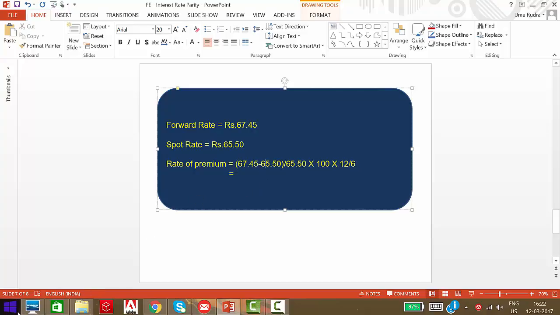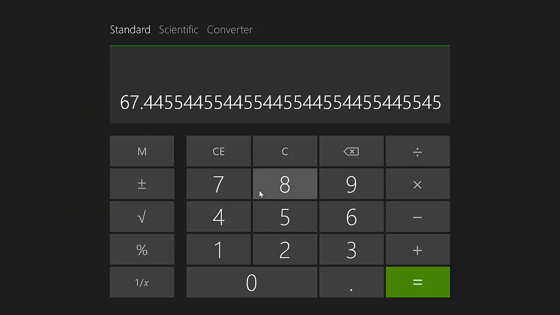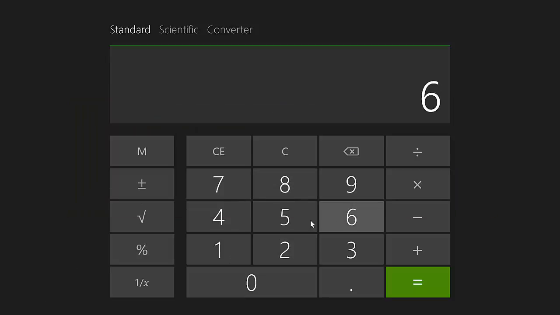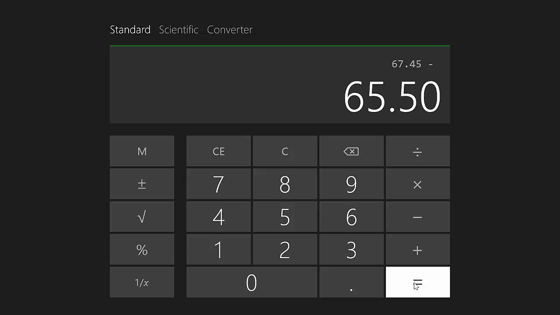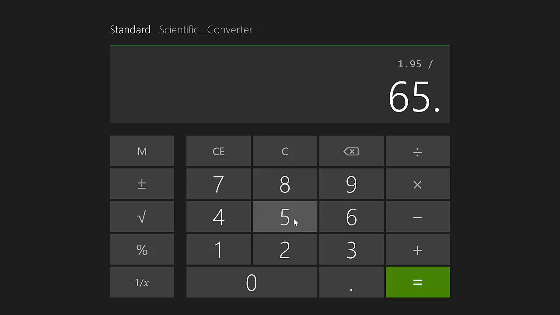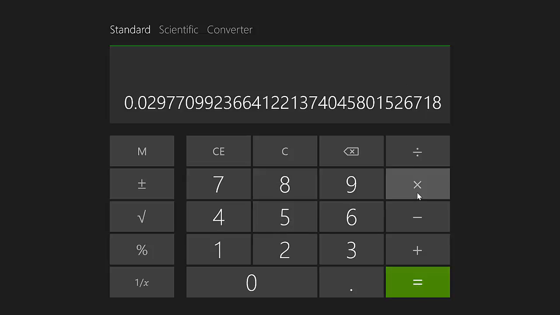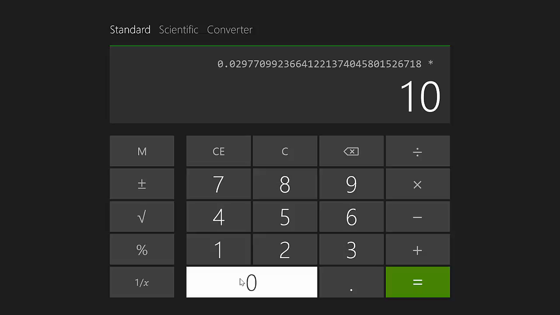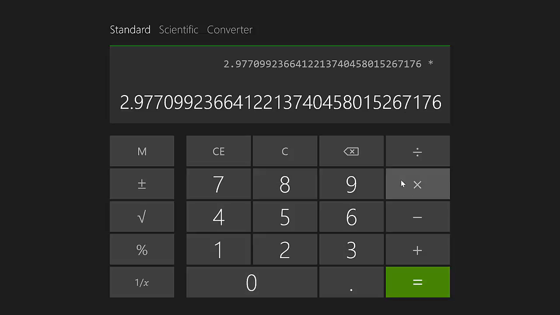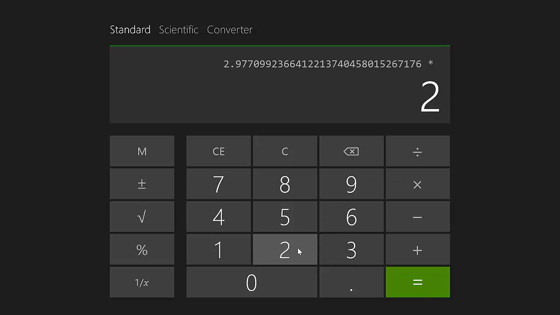Let me clear this. 67.45 minus 65.50 is the difference, divided by spot rate 65.5 into 100 into, it is for 6 months, so if I want to annualize, that means 12 by 6, which is nothing but 2.